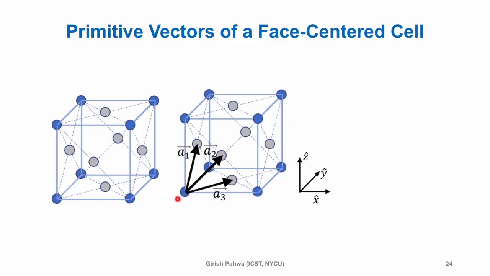So if I am here and I connect the center point of every face. So this face has this center point. So this is one vector. This face has this center point. So this is another vector, and this face has this center point.